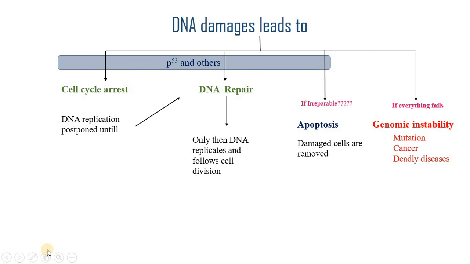Some of the times it is observed that the machinery in the body fails, and therefore such DNA damage cannot be removed, and such damage leads to genomic instability. This genomic instability is the concerning factor which brings about mutations, cancers, or the formation of deadly diseases in the organism.